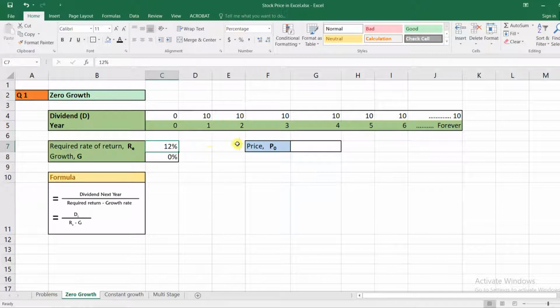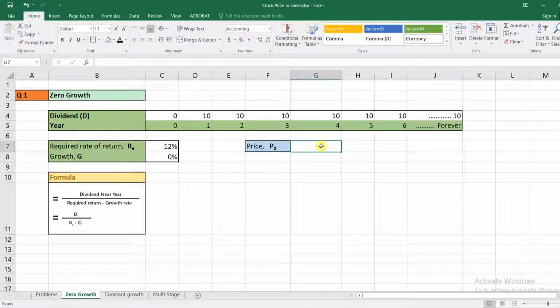Now, to calculate its price at the present moment, we need to use this formula. This is basically the Gordon growth model, where you divide the dividend payment of next year by the difference of required return and growth rate.